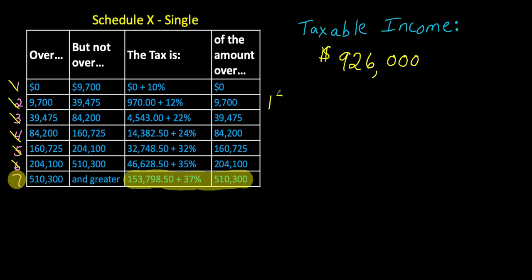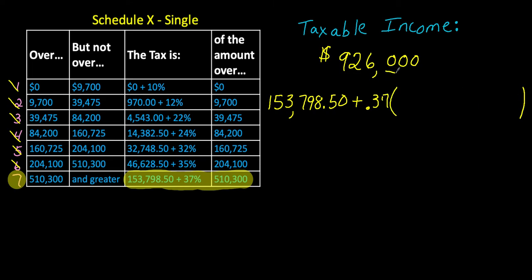So I want to take this 153,798.50 from right here plus 0.37. Then I'll put my set of parentheses like so.